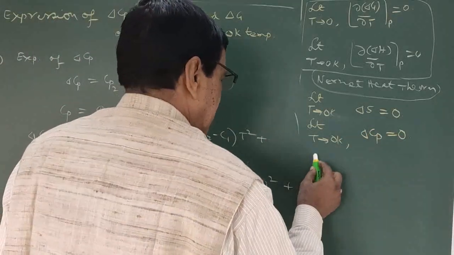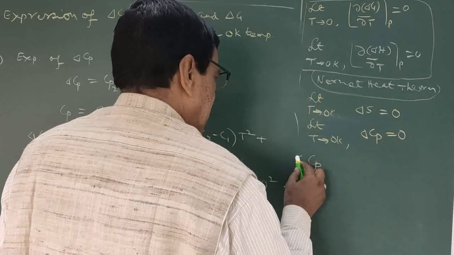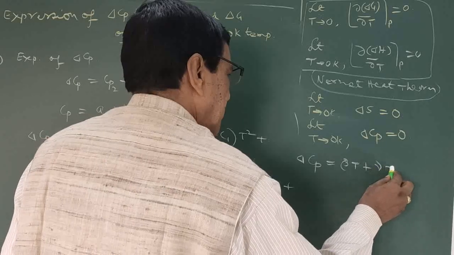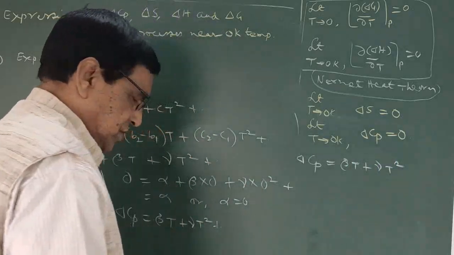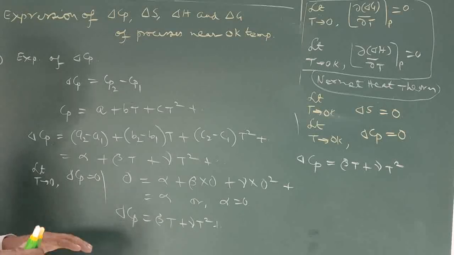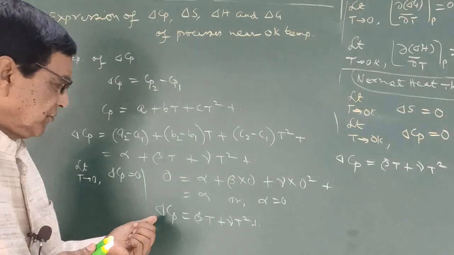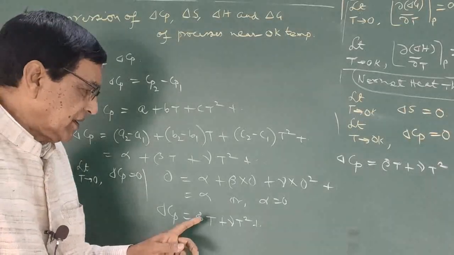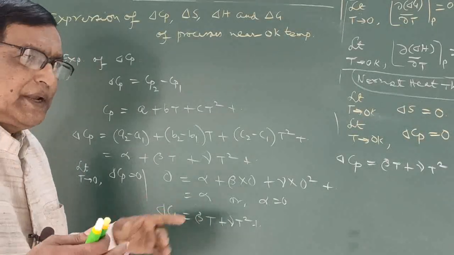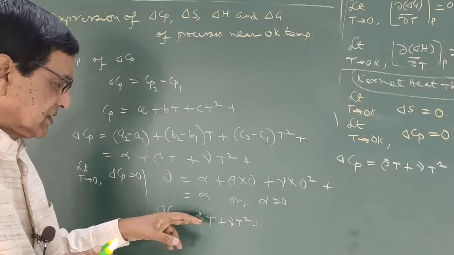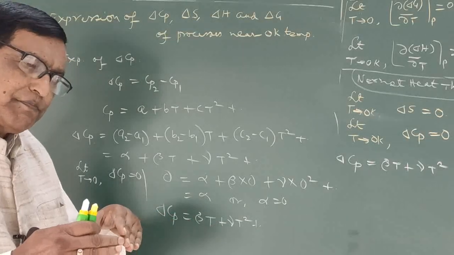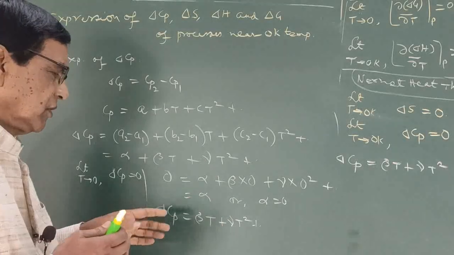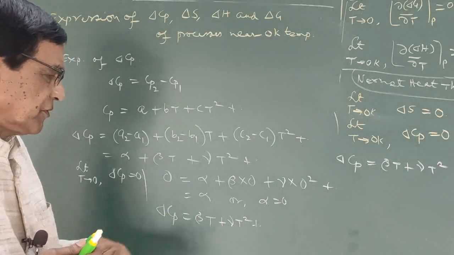So the expression is del Cp equal to beta T plus gamma T square. And you know, for a process, if we can determine this delta Cp by means of calorimetric study, then beta and gamma could be determined. And these beta and gamma terms depend on the process involving these reactants and products.